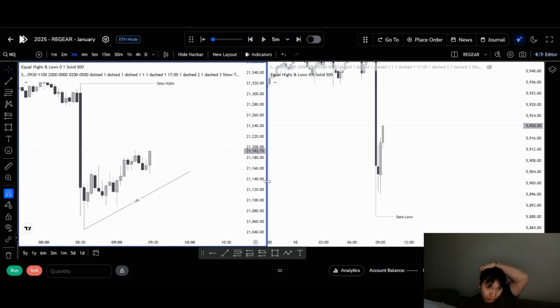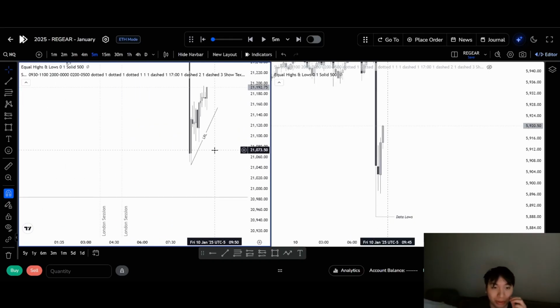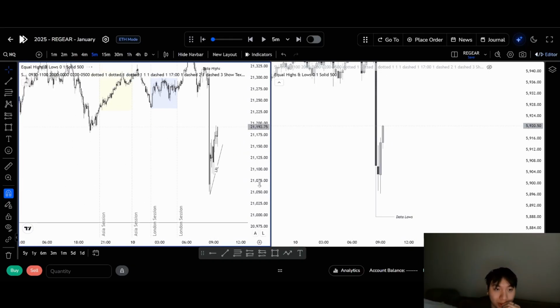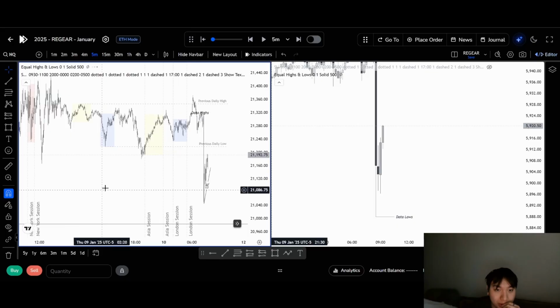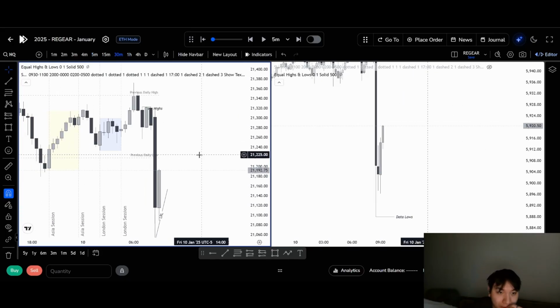This whole thing, we have generated low resistance liquidity to the downside. We have sell side liquidity right here. I don't really see any other things that we could pull back out of.